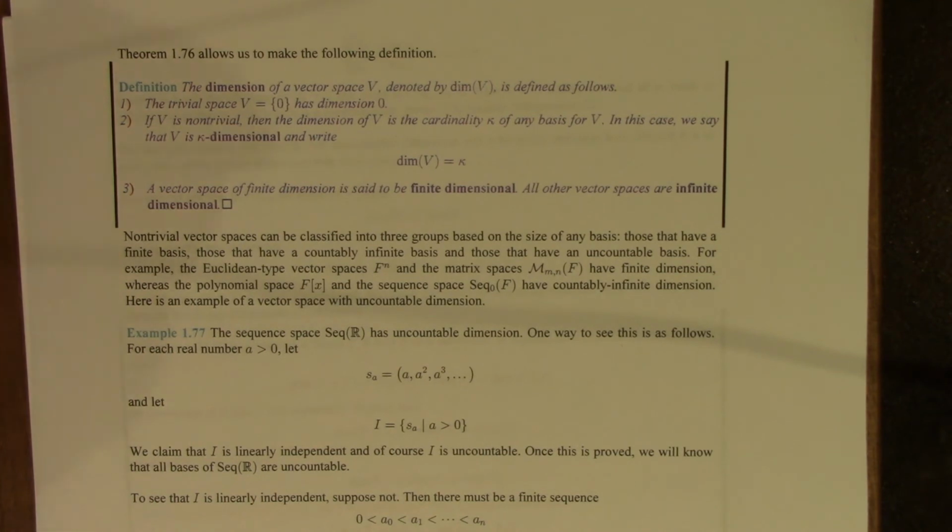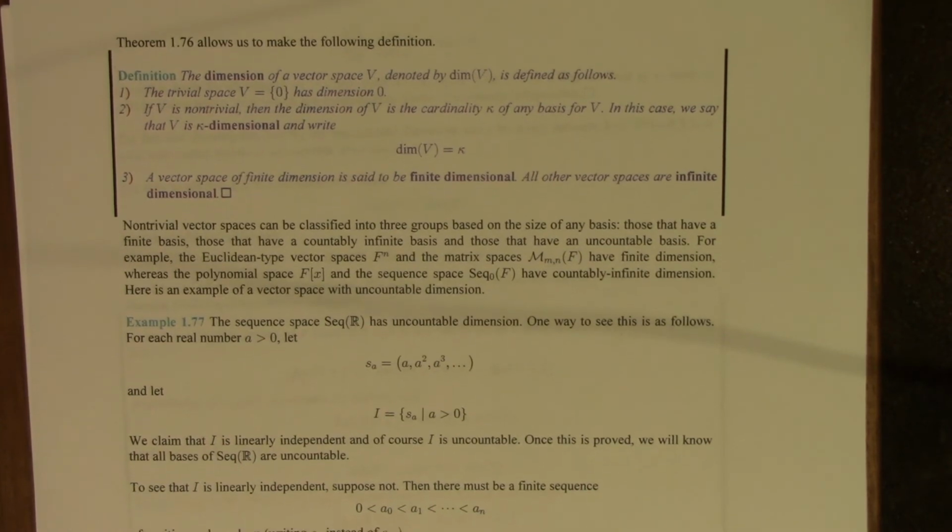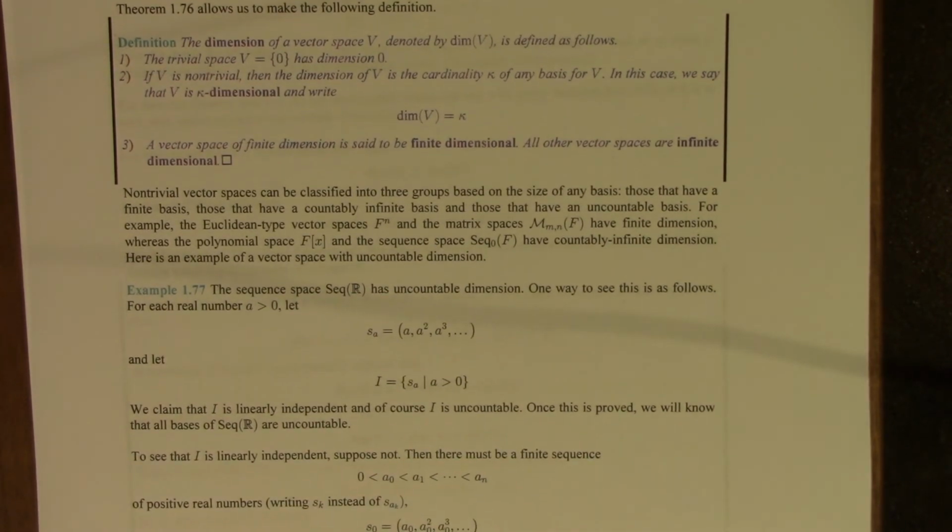We have the finite dimensional vector spaces, the ones that have a finite basis. We have the countably infinite dimensional vector spaces, those that have a countably infinite basis. And then the uncountably dimensional vector spaces, and those have an uncountable basis.